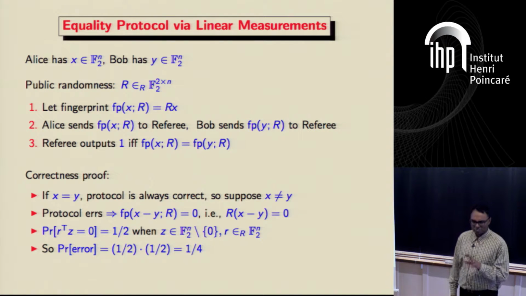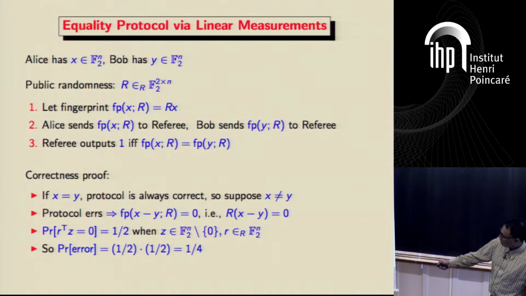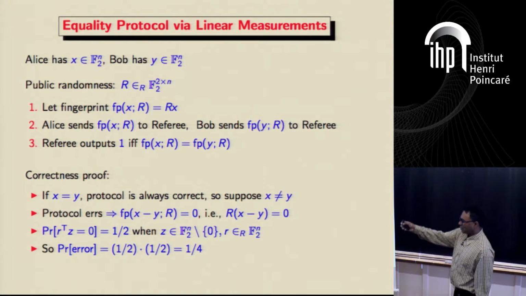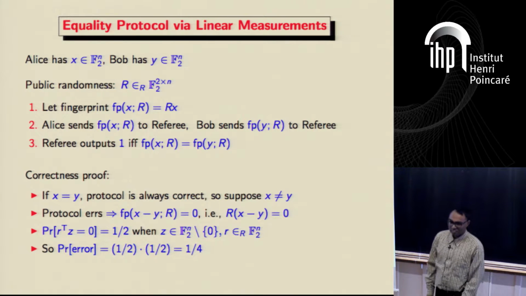That's a nice little puzzle to work out, why it's exactly 1/2. But yeah, it is. So the probability of an error is then just half times half. Both things have to go wrong, so it's a quarter, which is less than 1/3. That was the reason why I did 2 inner products, so that the error is below my arbitrarily assigned threshold of 1/3.